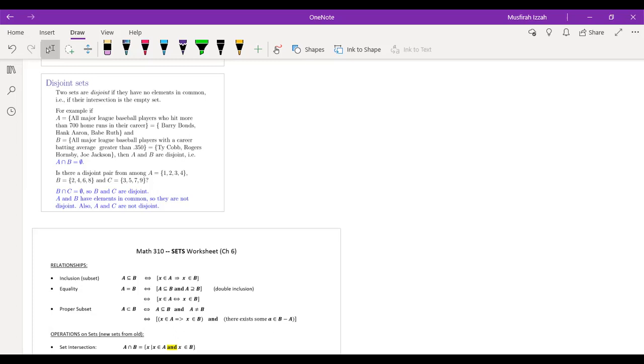Boleh? Okay. So disjoint ni maksudnya dia yang lebih kurang sama macam intersect. Boleh?